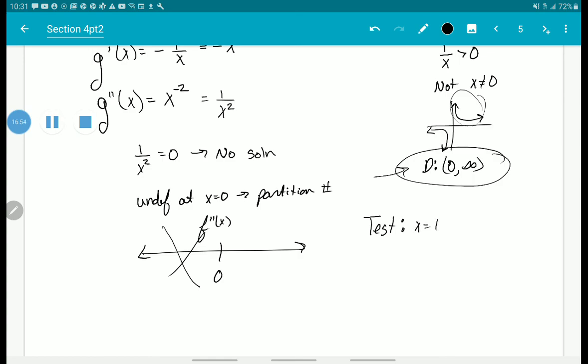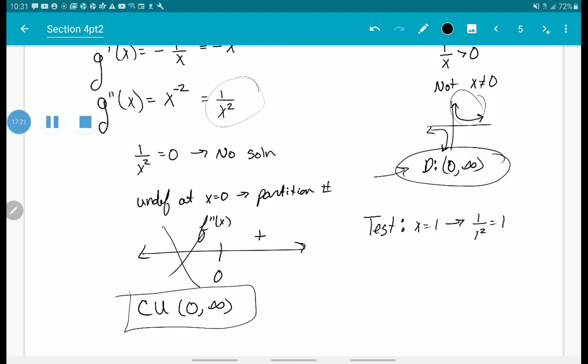I'm going to pick 1. This is going into the second derivative. I'm going to get a positive number out. I'm going to get 1. So what this means is this is always going to be concave up on its domain, and that's from 0 to infinity. So once again, we don't have any changes in concavity. We have just one thing that's happening here. And we could also verify this with the calculator and the graph if we wanted to.